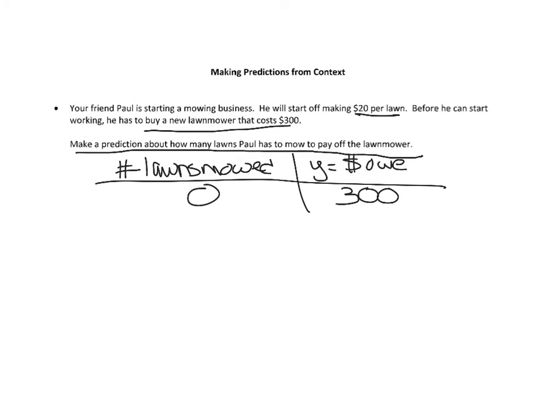Our rate of change is for every yard mowed, his balance goes down $20, right? So it's minus 20, so this would be 280 would be his balance after he mowed 1 yard. You could keep on doing this with your table, which is what the objective was, making predictions using tables.